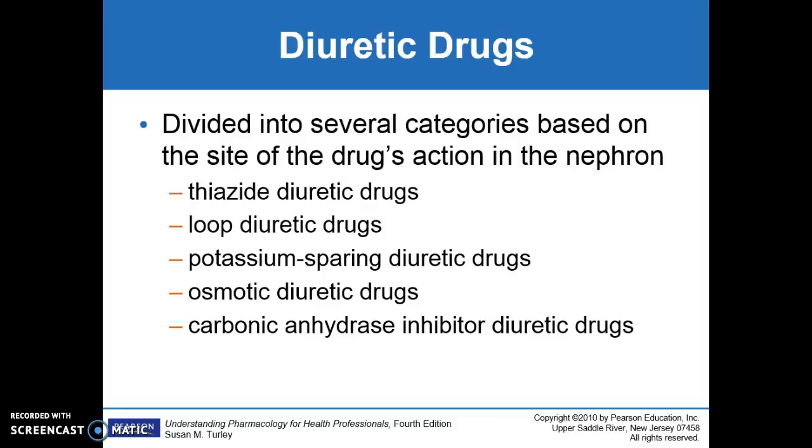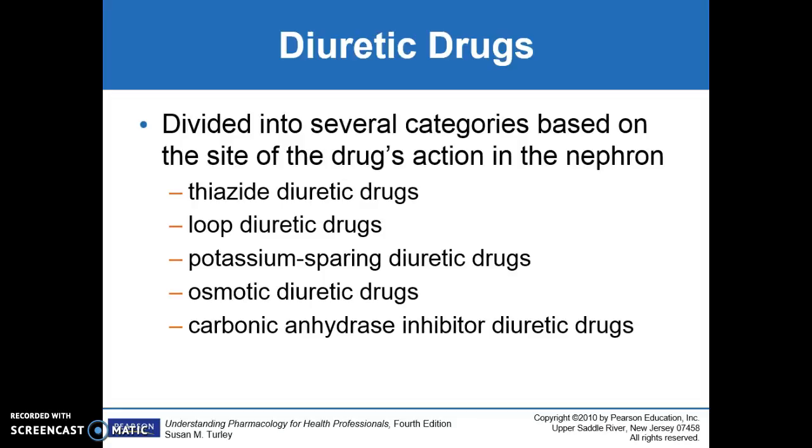And those 2 minerals are very, very important for proper cardiac function. So anytime we're taking 4 of the 5, everything but the potassium sparing, we typically want to monitor the potassium levels of the patient to ensure that we don't have any side effects with cardiac issues. So keep that in mind as you're going through.